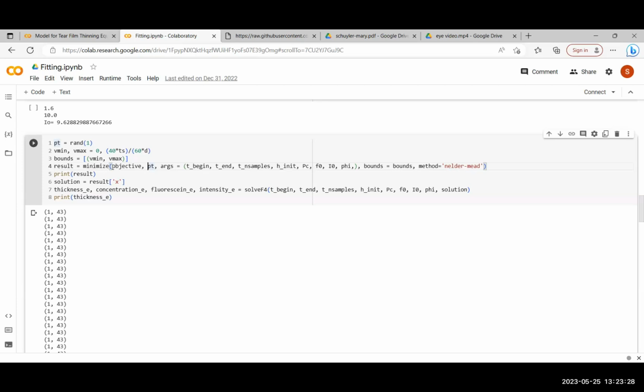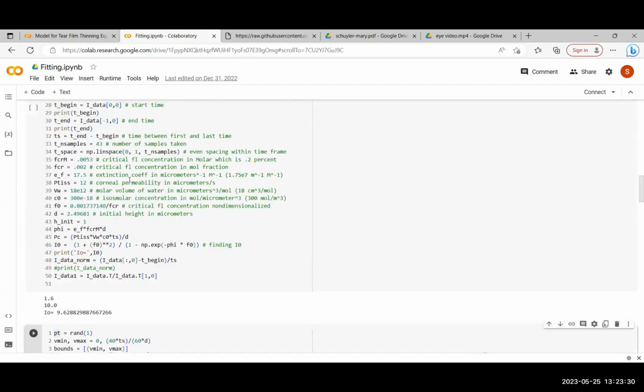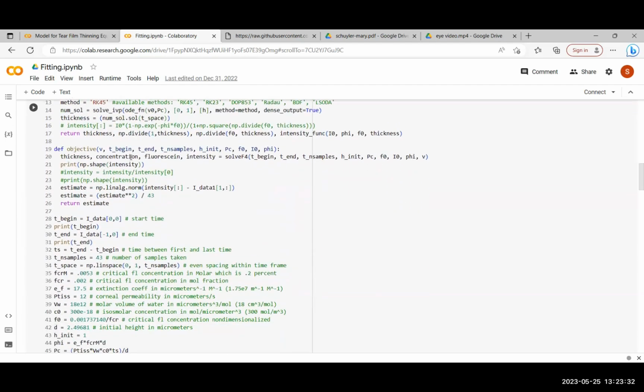So if we're looking to minimize the objective function, that is this one up here. And what this one does is it calls that solve F4, using, for the first time, the V that we've randomly generated, but the next time it'll use that series of reflections to generate the next one. And so it solves for the thickness, concentration, fluorescein, and intensity.